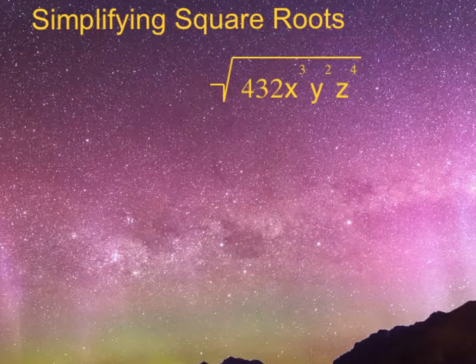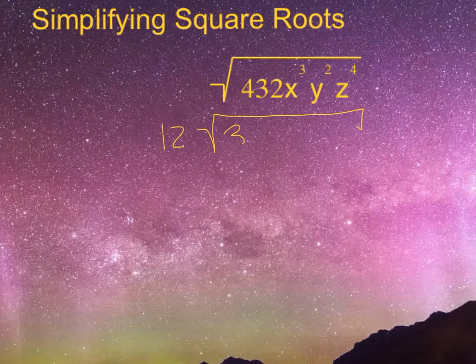Alright, now let's take a look at an expression that has variables in it. Now I use the same number, 432, just for the sake of ease here. So we know that we've got 12 here, and we've got the square root of 3 left in there. So I'm just going to use our answer from the previous page. Alright, now how do we simplify those variables?